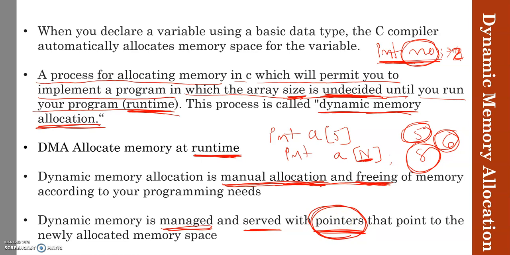When we say I am dealing with the memory, it means I am dealing with addresses and pointers that point to that particular newly allocated memory space. So this is the brief idea about dynamic memory allocation. More about the functions of DMA we will discuss in the next part.